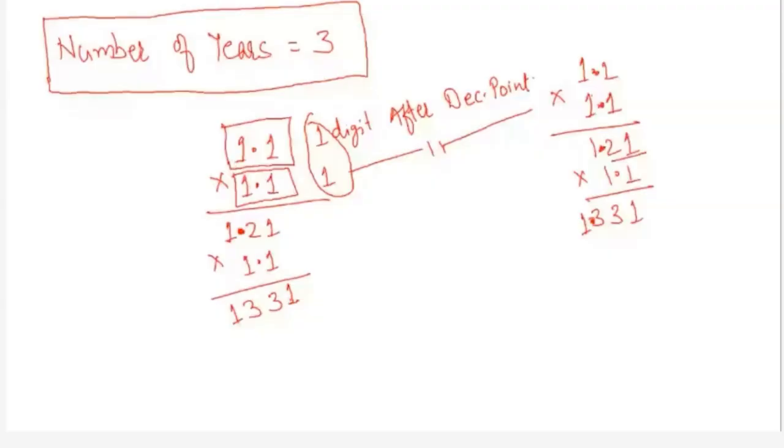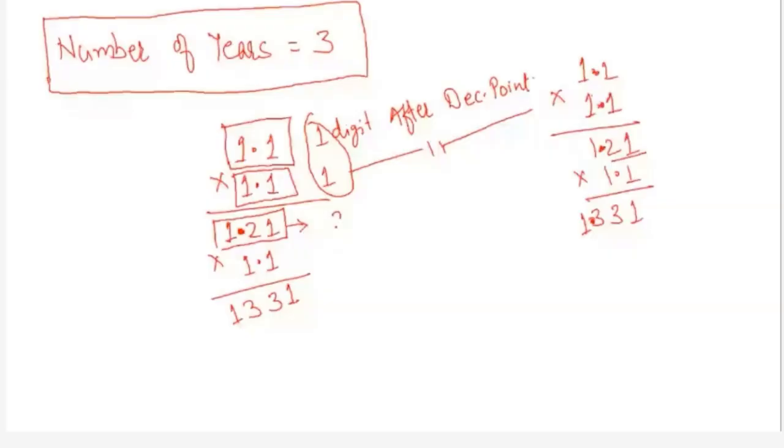Now, in the first number, there are two numbers here. Multiplying in this number, how many digits are there after the decimal point? 2 digits after the decimal point.